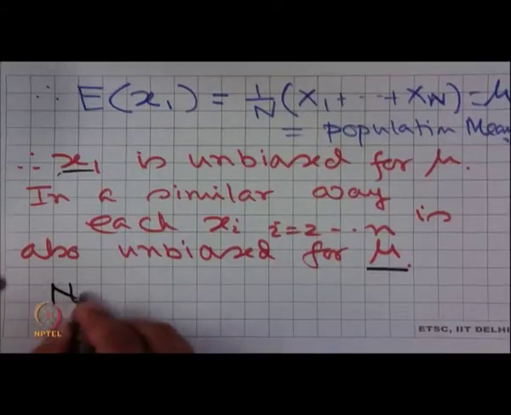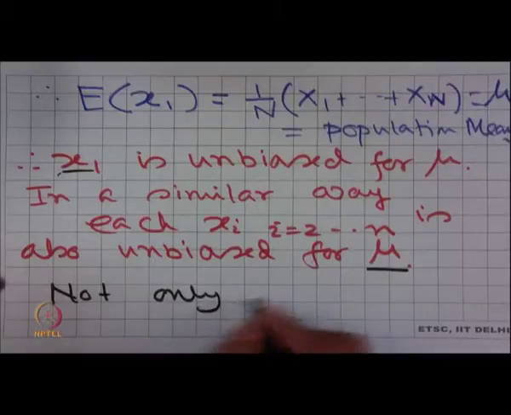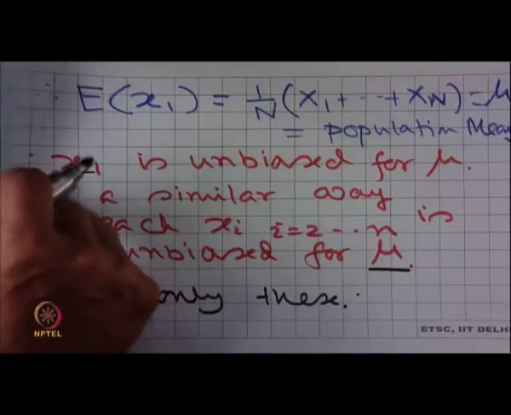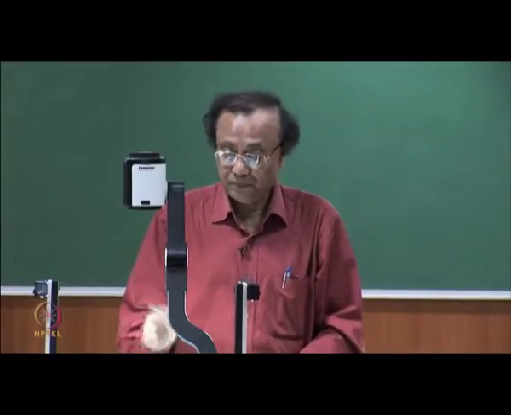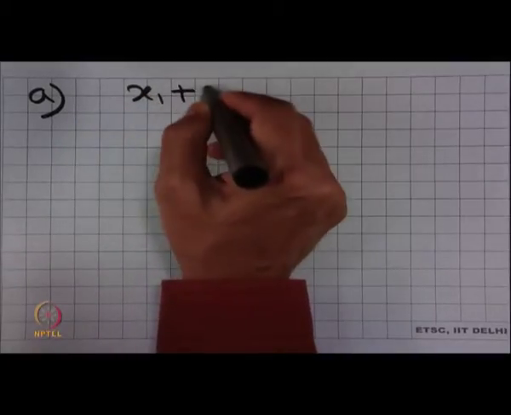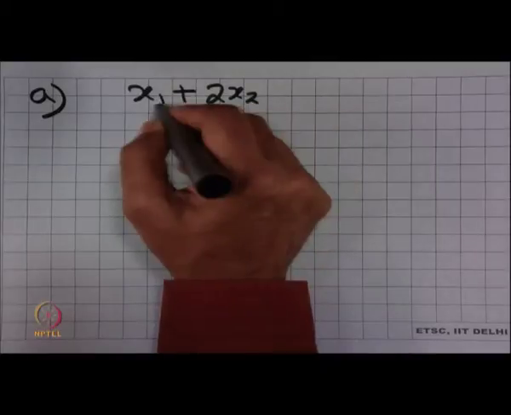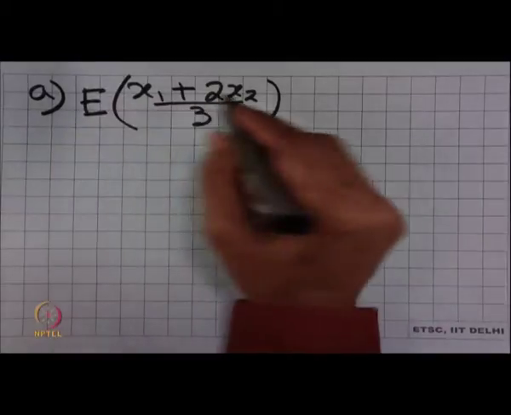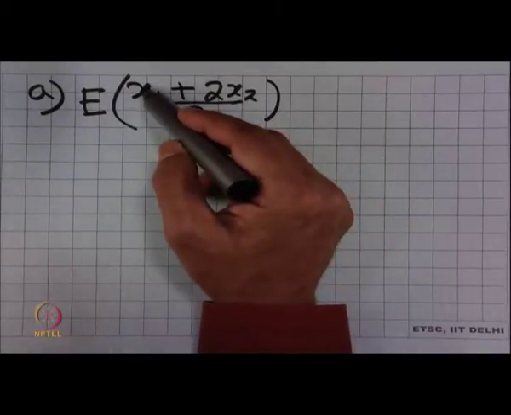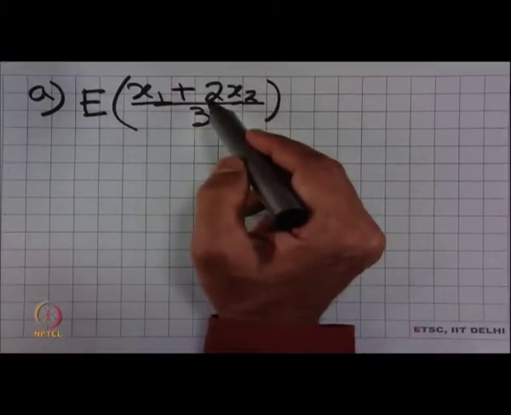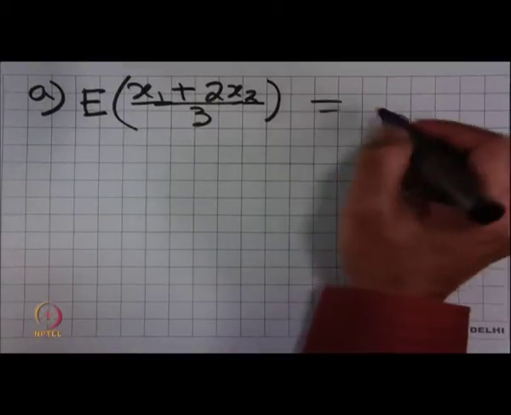Not only this, can you find some other unbiased estimator for mu? So, I give you a few. Consider (x1 + 2x2)/3. What is going to be its expectation? Its expectation is going to be, from x1 we get mu, from 2x2 we get 2 mu. So, the sum is 3 mu divided by 3, which is equal to mu.